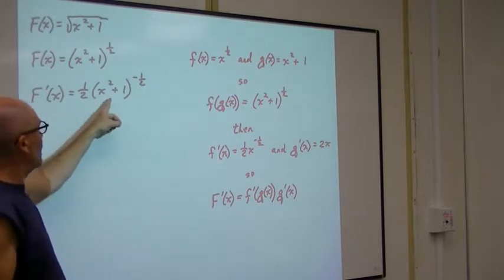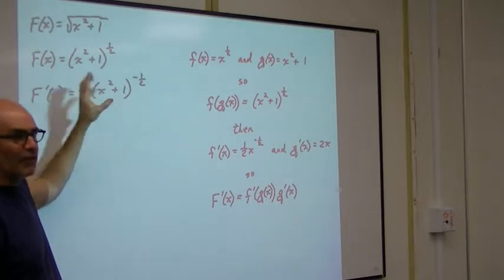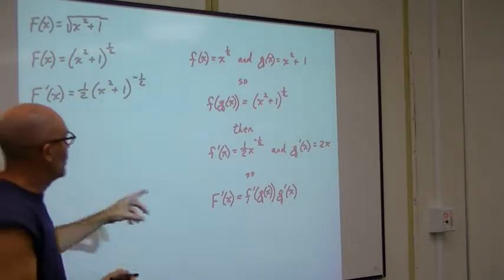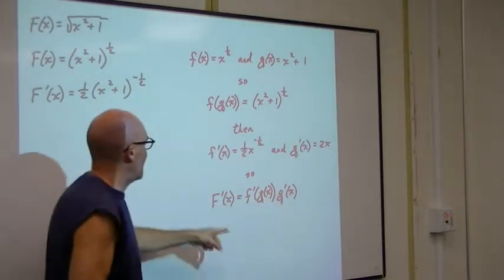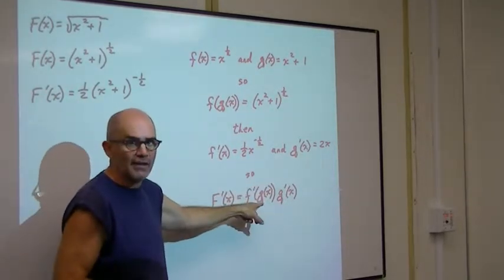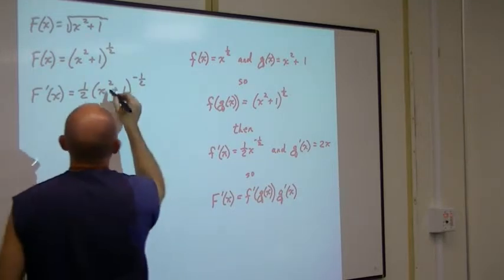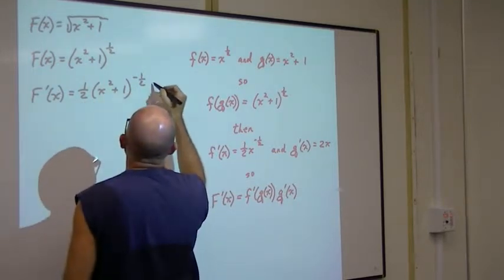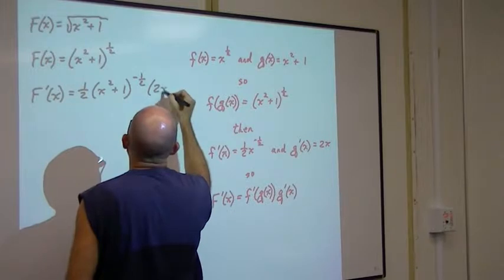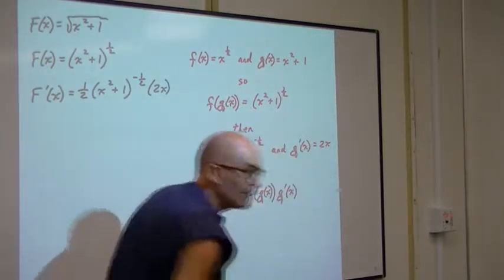But now what we have to do is we have to go back in and take the derivative of the inside, which is my g prime of x. So what I have up there right now is just f prime of g of x. And now I multiply by g prime of x, which is the derivative of the inside, which is 2x. And that is the chain rule.